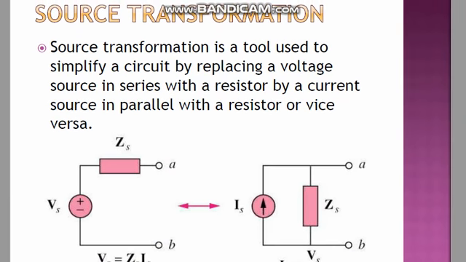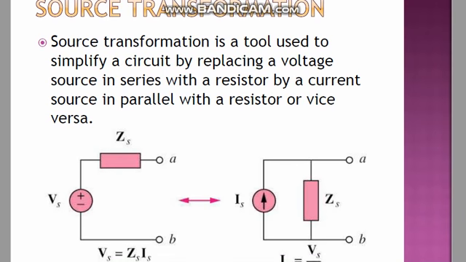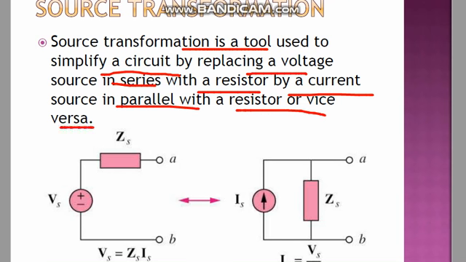Now another theorem, the source transformation. The source transformation is a tool used to simplify a circuit by replacing a voltage source in series with a resistor by a current source in parallel with a resistor, and vice versa. That means if it is a voltage source, you can convert it to a current source. How?